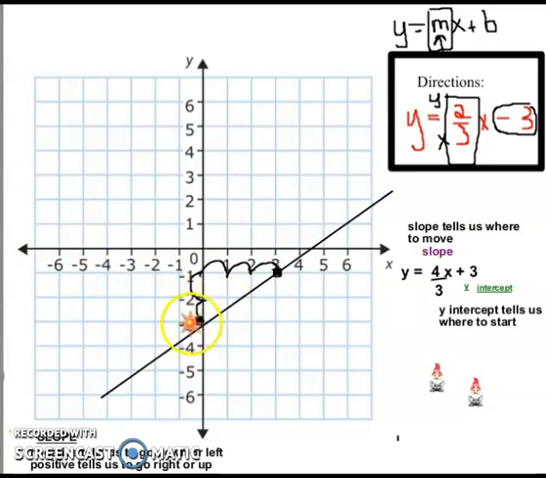Hopefully you'll get it better than I did. I didn't get it right through there. So the slope of this line, to go from one point on the line to another point, you have to go up 2 over 3. Every single point will get you back on the line as long as you follow the slope, up 2 over 3. Now I want you guys to go in and put your y-intercept point on the y-axis on your problem.